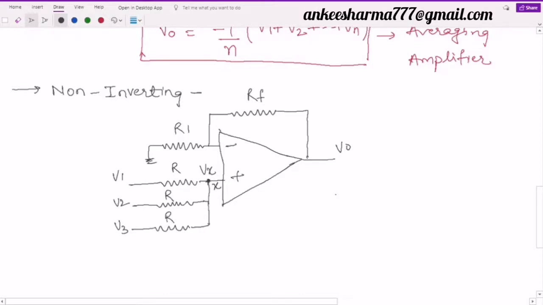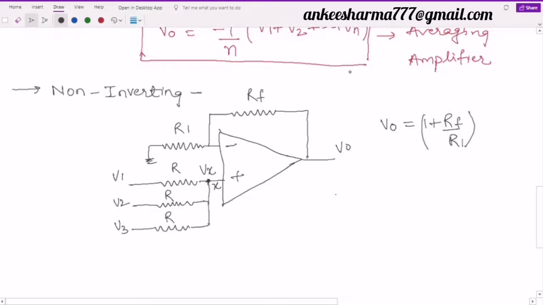Now, before explaining this circuitry, I want you to remember the case of non-inverting amplifier. What will be my gain? We have discussed the voltage series configuration where we applied the input to the non-inverting terminal and obtained the gain with feedback. What was that gain? Yes, very good: 1 plus Rf by R1. So if I write here my V0, it must be equal to 1 plus Rf by R1 multiplied by the input.